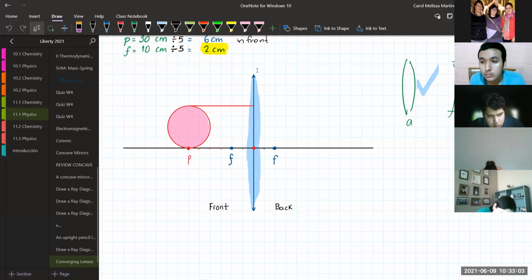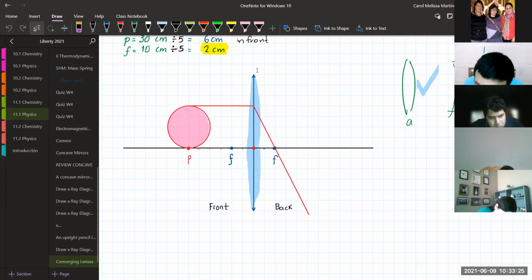Now, from there, you're going to look for the focal point, like that, okay?